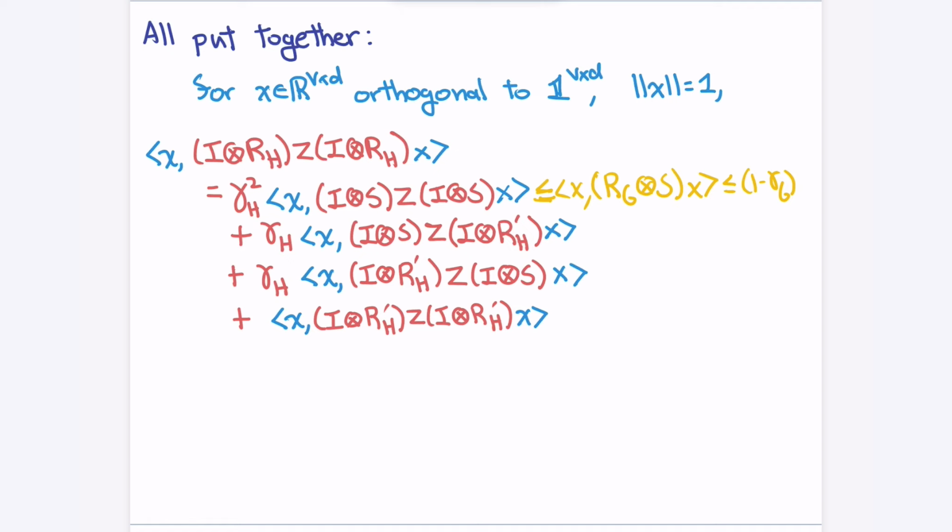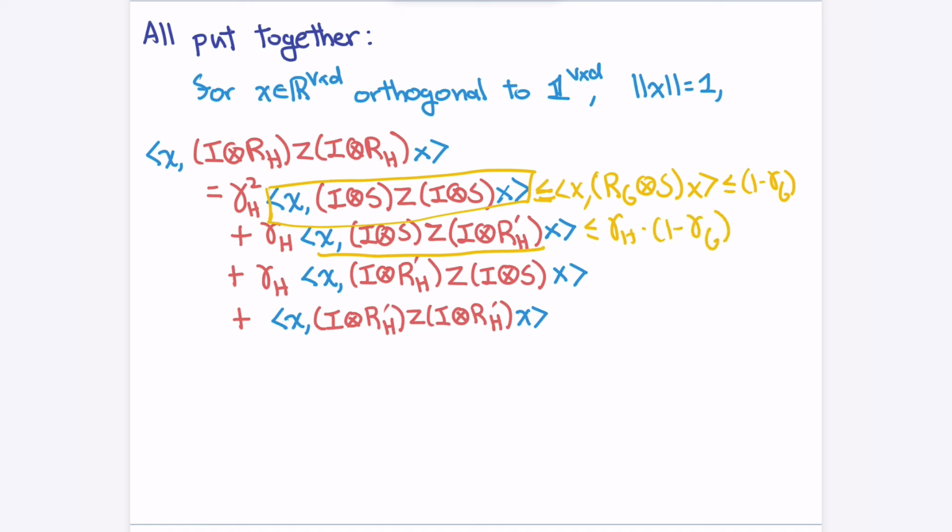So it'll be at most 1 minus gamma G. Oh, yeah. We will later, but in that scribble I didn't. And then for this term, this is at most, what do we decide? Gamma H times 1 minus gamma G.